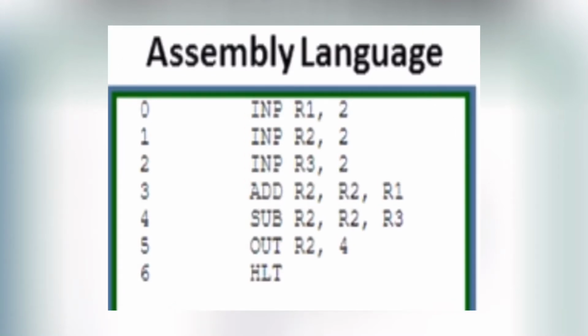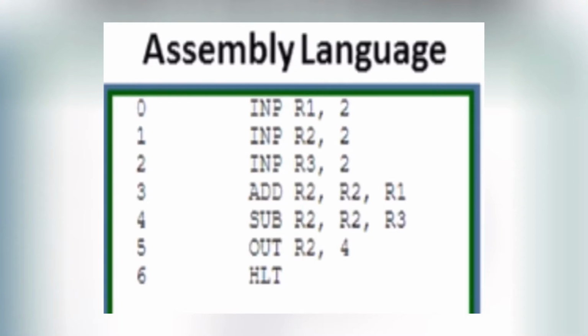It's the same for subtraction. Now output: output R2, 4 means you take the data from door 4, store it in R2, the second register, and then display that data. That's what the whole instruction means.